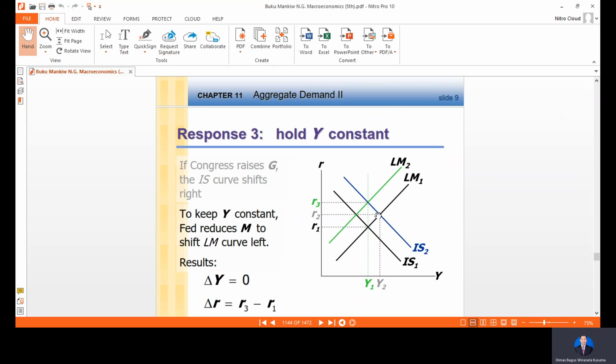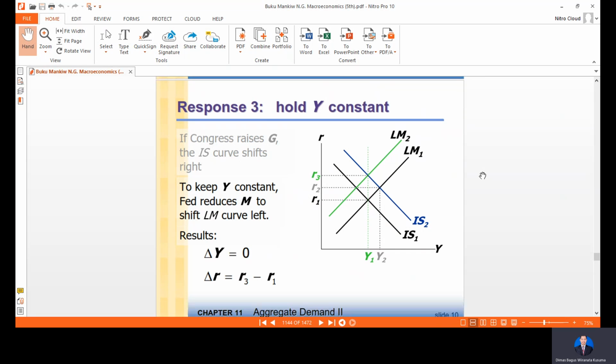But you want to make Y go back to Y1, so you propose a contractionary monetary policy that makes the LM shift to the left. So in the end, the interest rate increases and Y is back to constant.